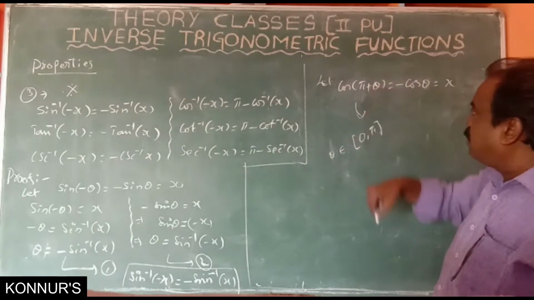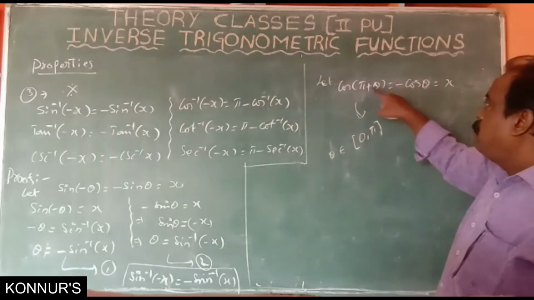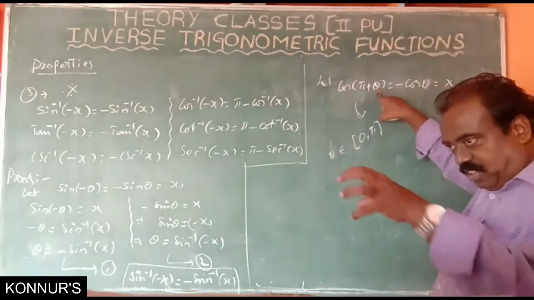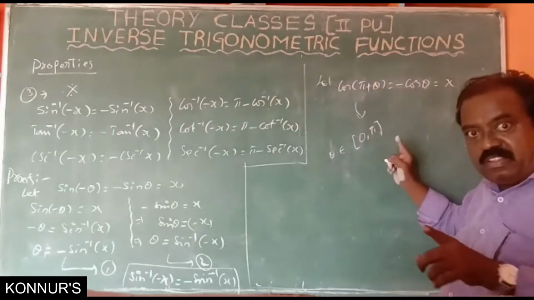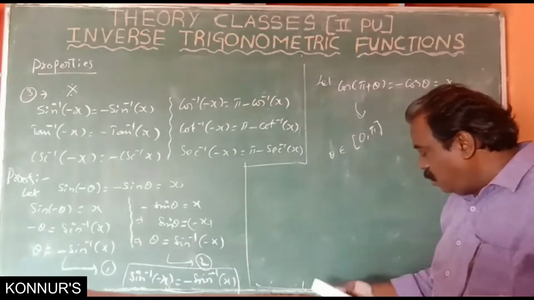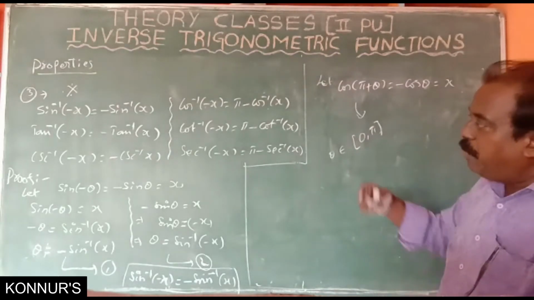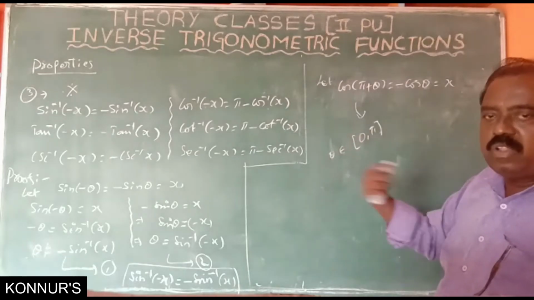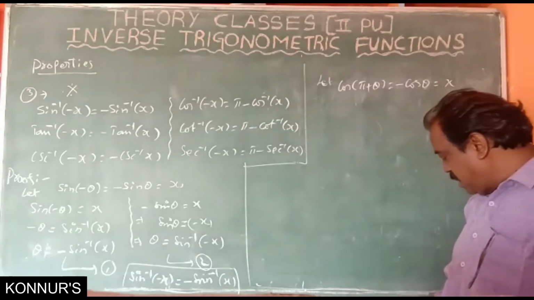If you write pi plus theta, third quadrant also we get that. But pi plus theta exceeds pi. It will not come under the angle. Try to understand it. It is your duty. You have to play this 1 or 2 times, 3, 4, 5 times, then only it will come.